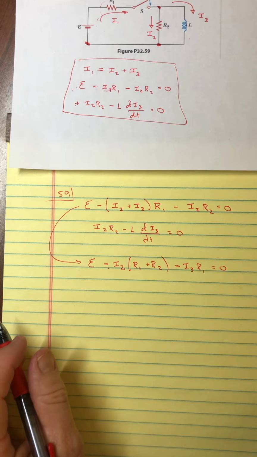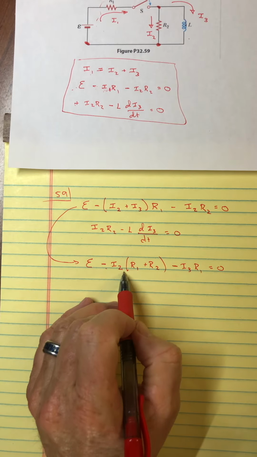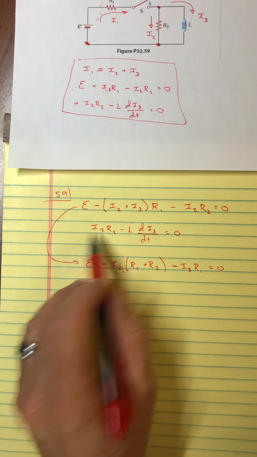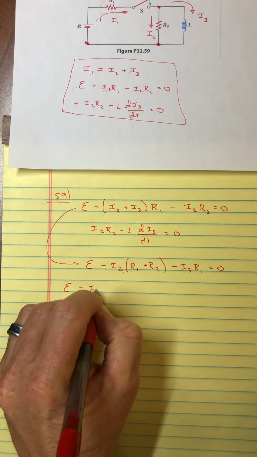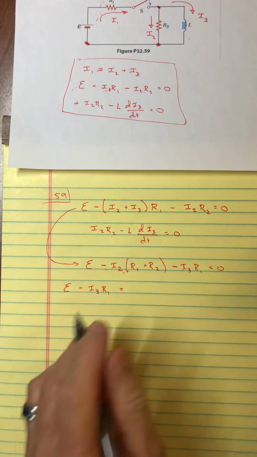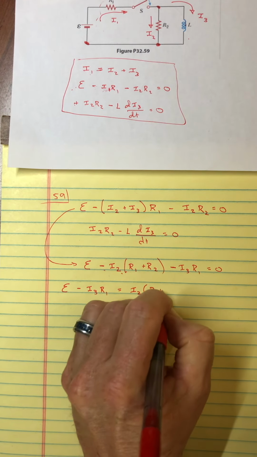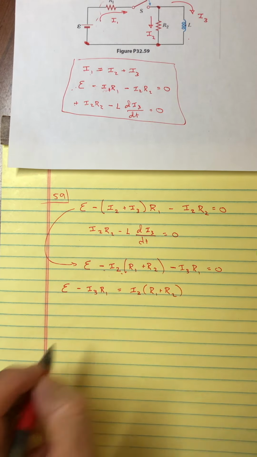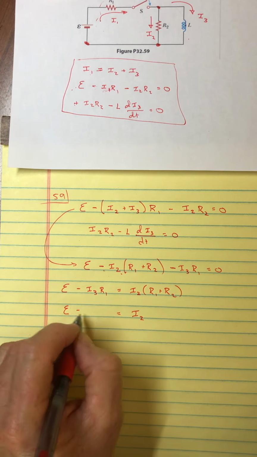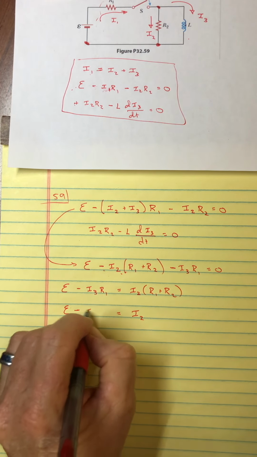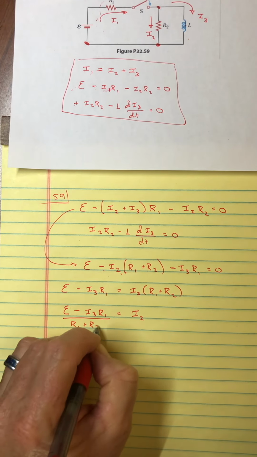So that's what I get here. Now, maybe the thing to do is to take this equation and solve it for number 2 and put it into this third equation, which has a number 2. So let me do that. So I'm going to go E minus I3R1 equals, I'm going to move this term to the other side, so it's going to be I2 times R1 plus R2, so current number 2 equals E minus I3R1 over R1 plus R2.